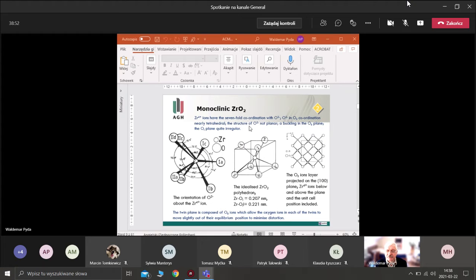The structure of oxygen not planar in the O2 coordination. The structure non-planar, buckling of the O2 plane exists, and the oxygen 1 plane quite irregular is in the structure.